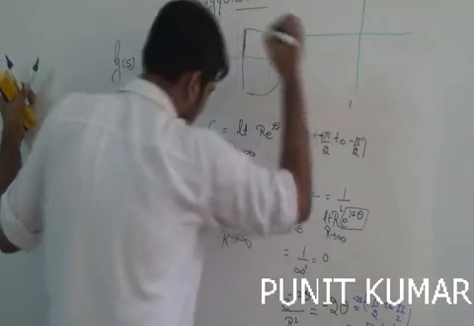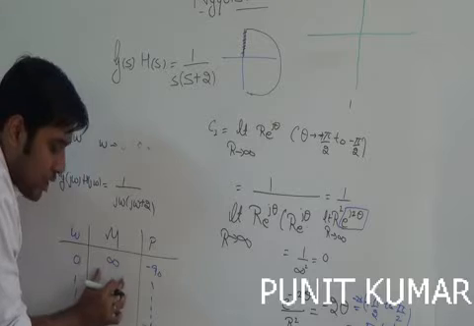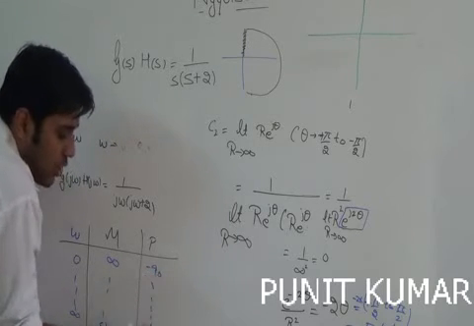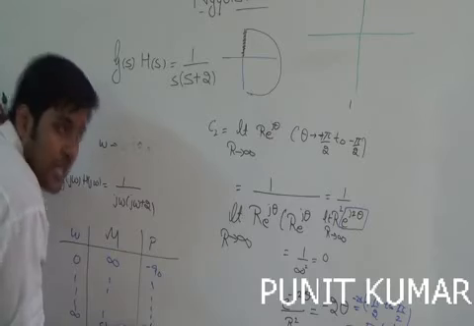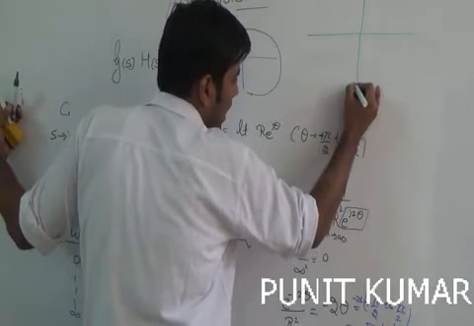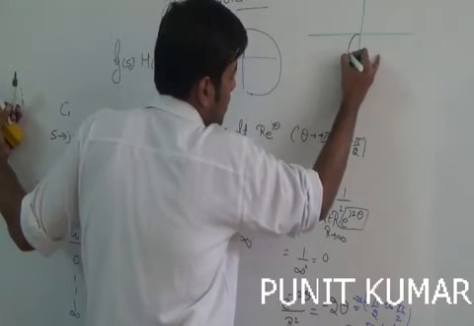As omega is increasing, magnitude is decreasing and phase is going from minus 90 to minus 180. So for C1, the graph will be somewhat like this.